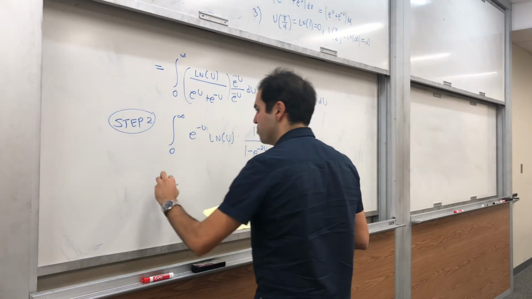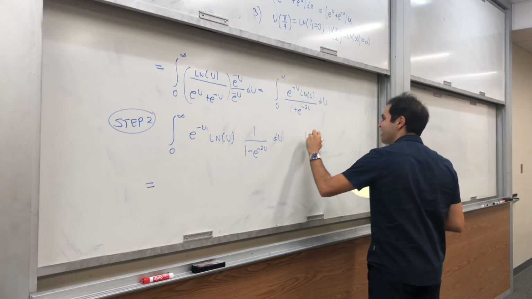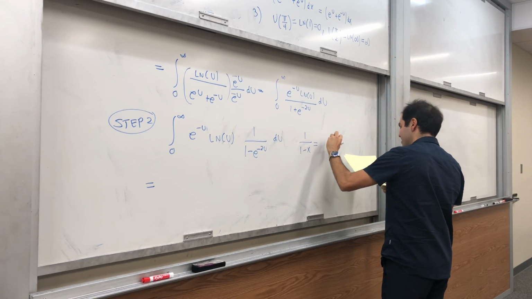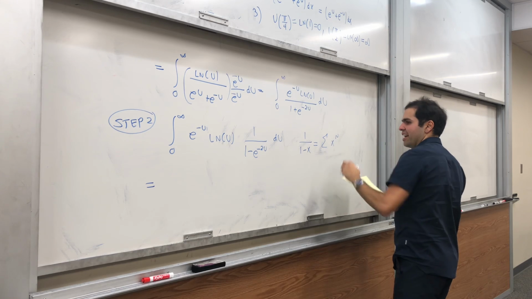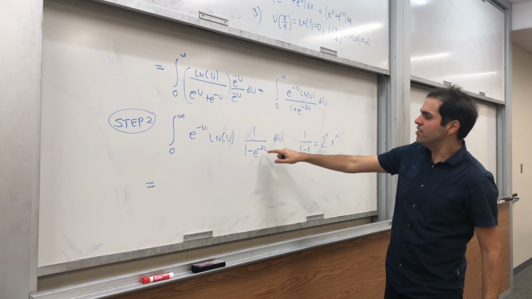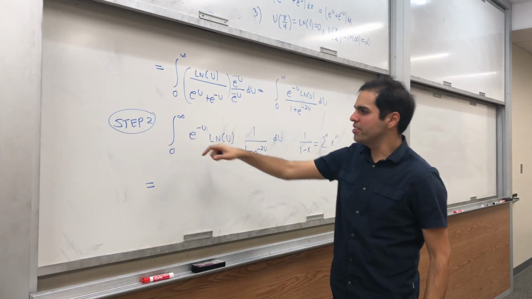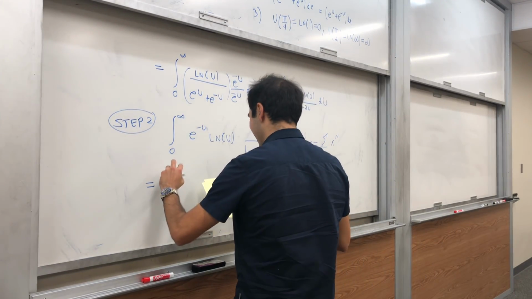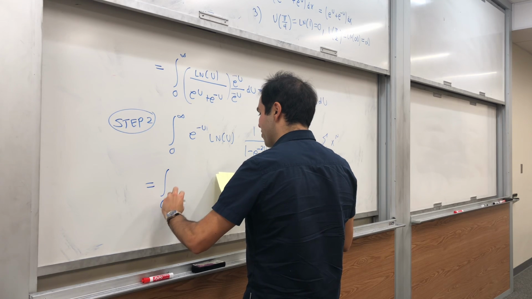And now this just becomes, remember our best friend, 1 over 1 minus x is the sum of x to the n. And in particular, use that with x is minus e to the minus 2u, which is in the appropriate range. So it is in the interval of convergence.